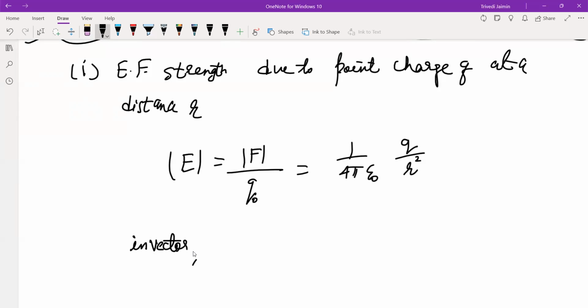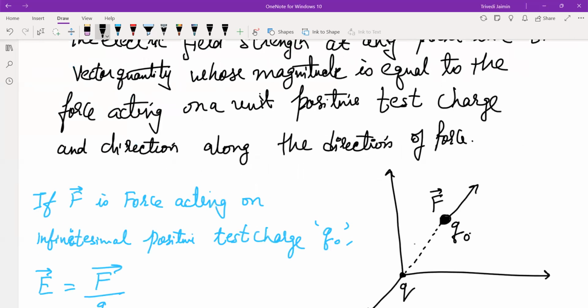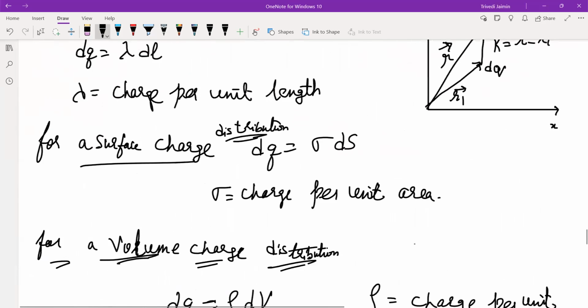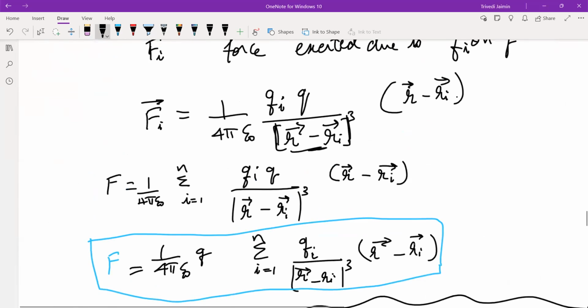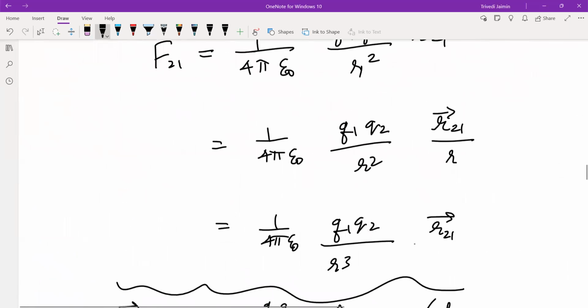Come on, start doing. 1 by 4 pi epsilon naught Q by R cube R vector, because for unit vector, R cap equals to R vector by R. See, we already derived here, remember?